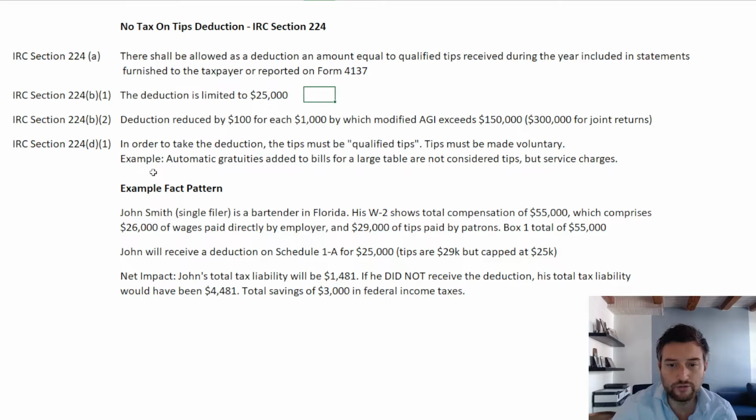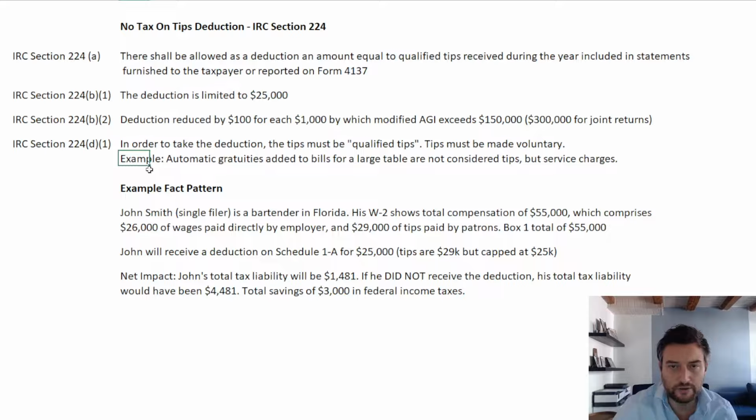Now, in order to take this deduction and have qualified tip income, it's got to constitute what is defined as qualified tips. So in general, these tips are voluntary. In 224(d)(1), they lay out all the rules for what wouldn't be qualified tip income. But one big example is automatic gratuities.